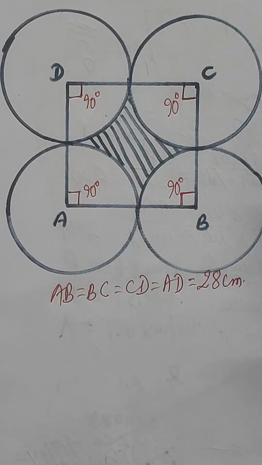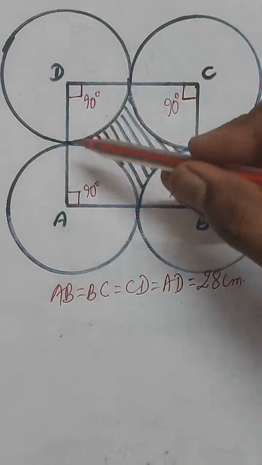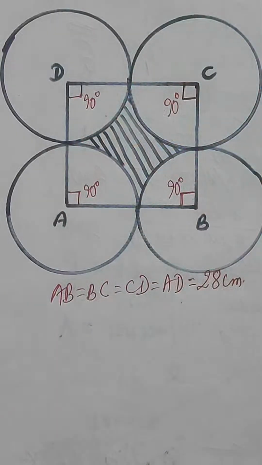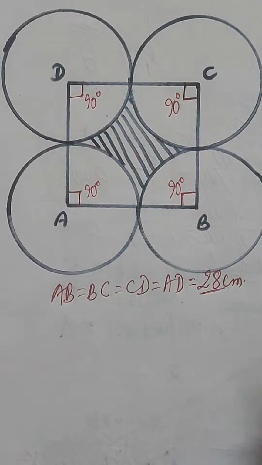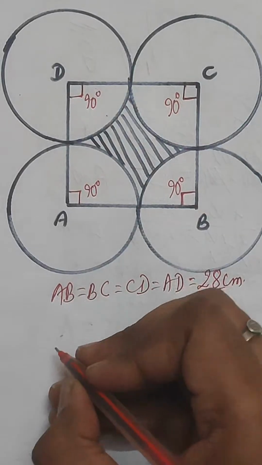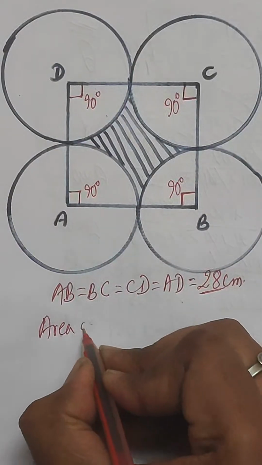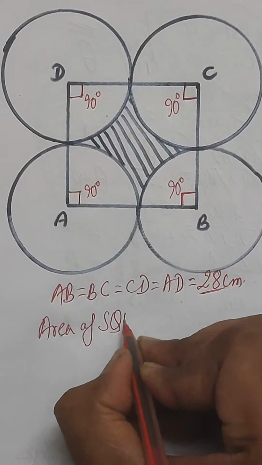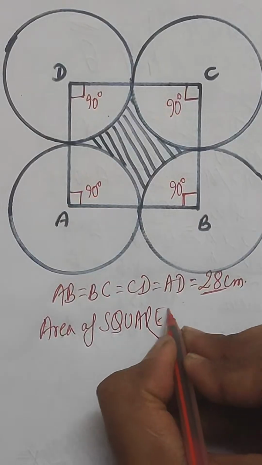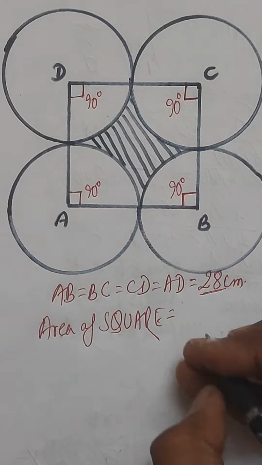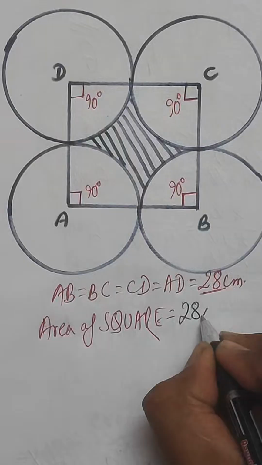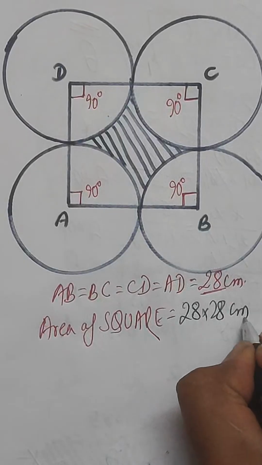When we calculate the area of the complete square, it's very easy. Area of the square is given by side into side, that is equal to 28 into 28 centimeter square.